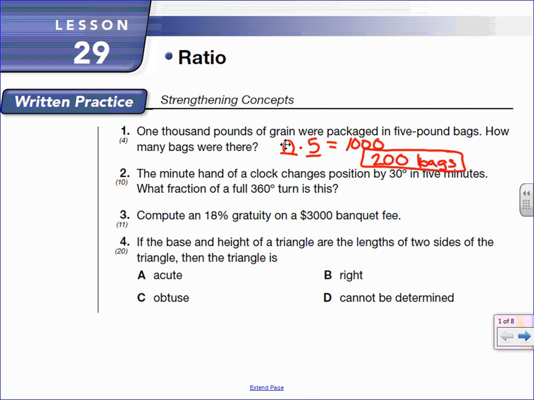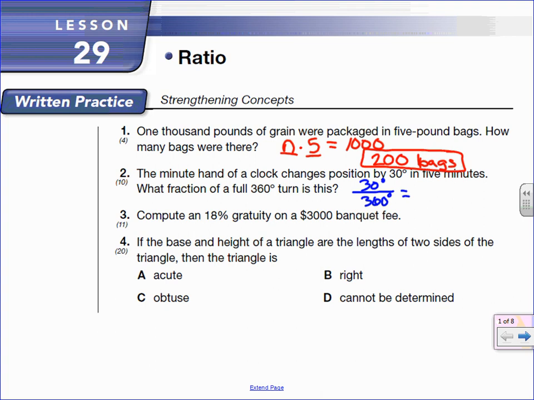The minute hand of a clock changes position by 30 degrees in 5 minutes. What fraction of a full 360-degree turn is this? Well, all we need to do is say that it's 30 degrees out of 360 degrees.